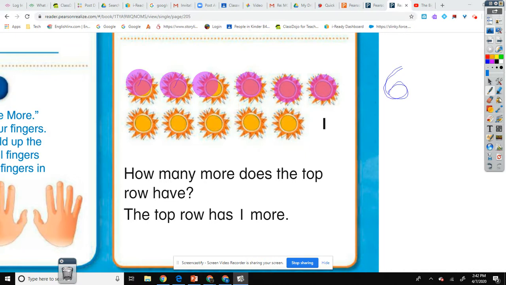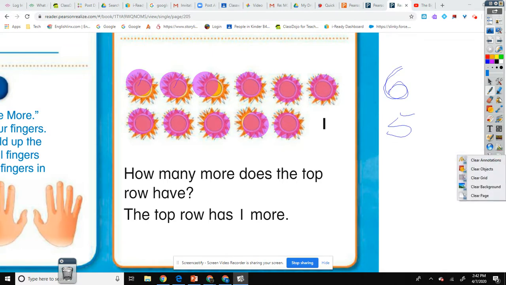Let's count them. Second row, 1, 2, 3, 4, 5. Second row has 5. So how many more does the top row have? The top row has 1 more because the top row has 6, the bottom row has 5. So the top row, the first row, has 1 more than the bottom row.